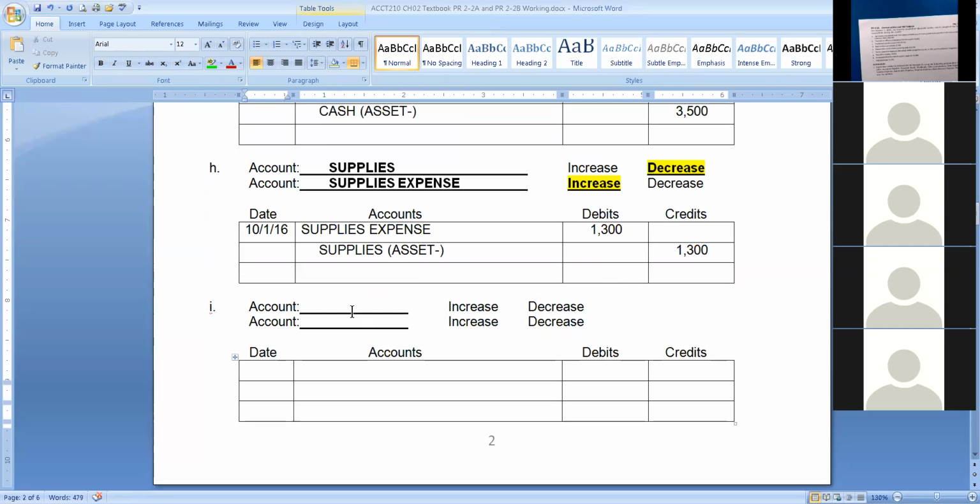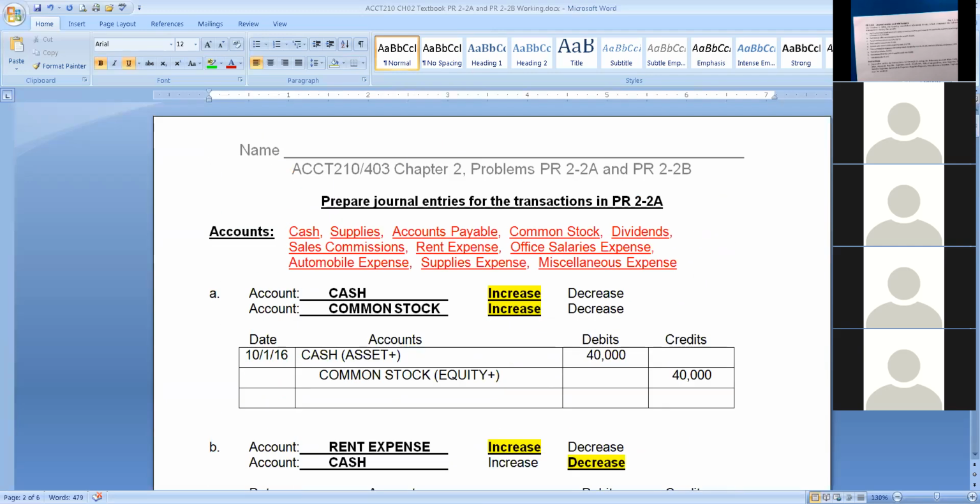Paid dividends. What accounts? Retained earnings and dividends.